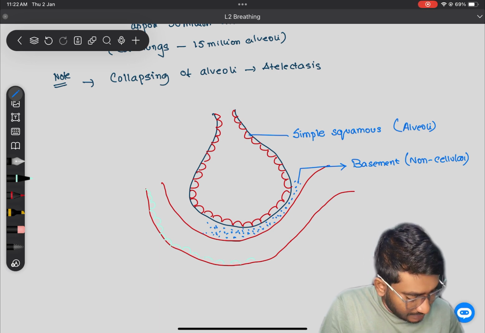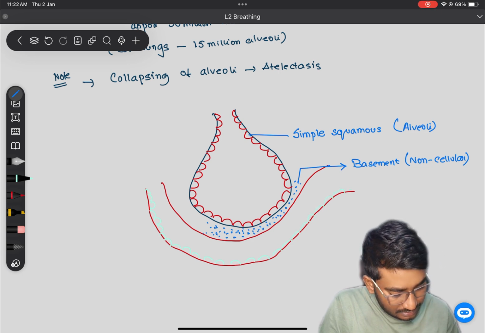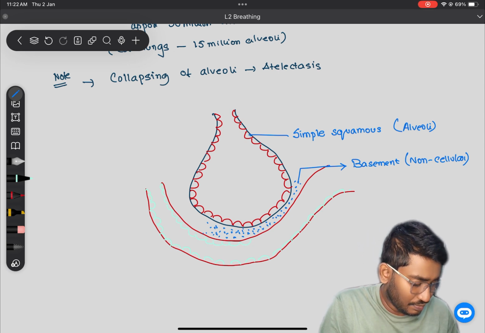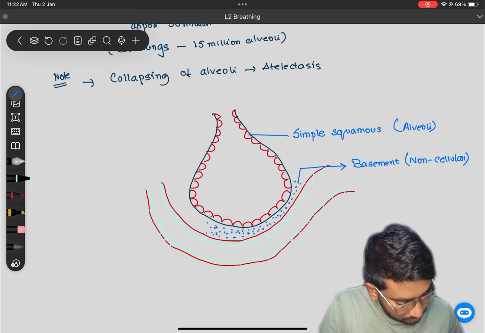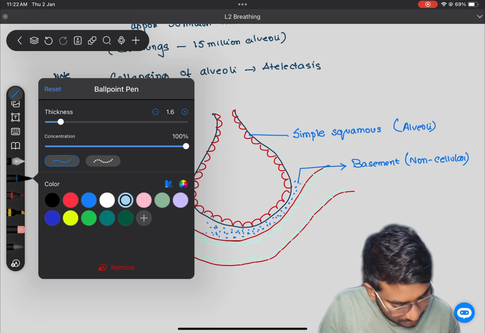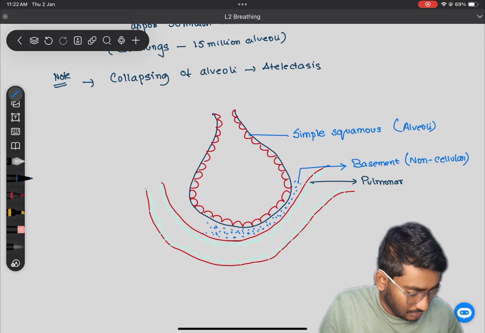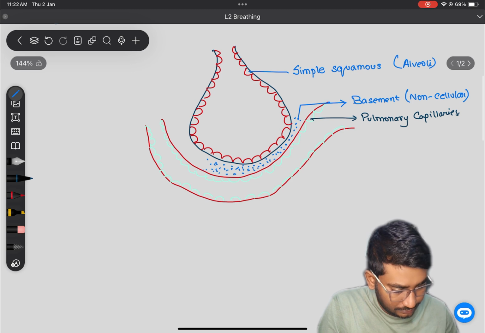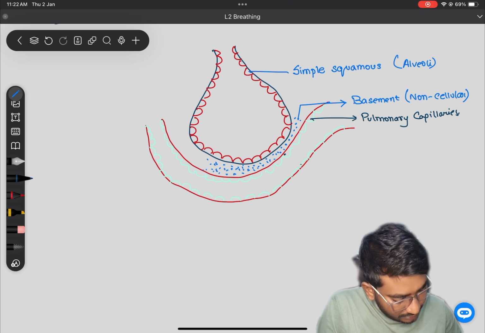These are the pulmonary capillaries, in fluorescent green. Pulmonary capillaries and endothelium. These are endothelium.